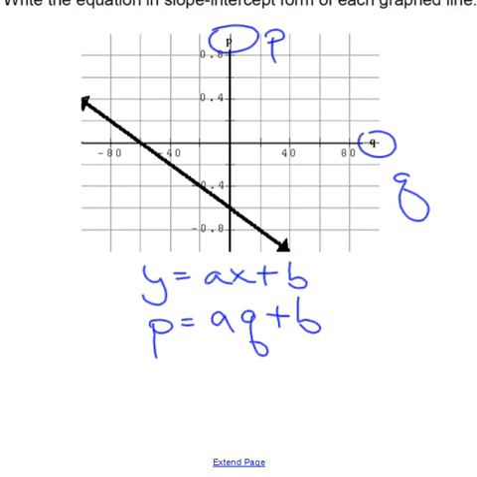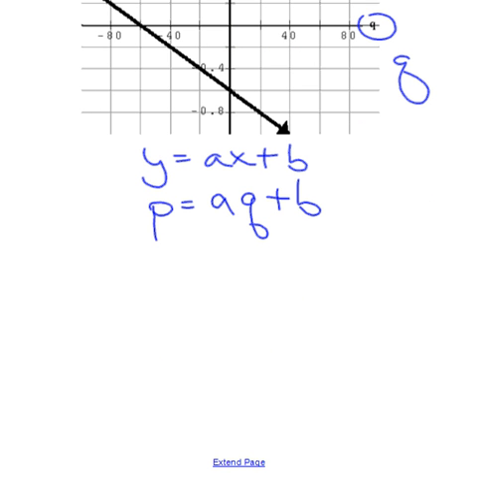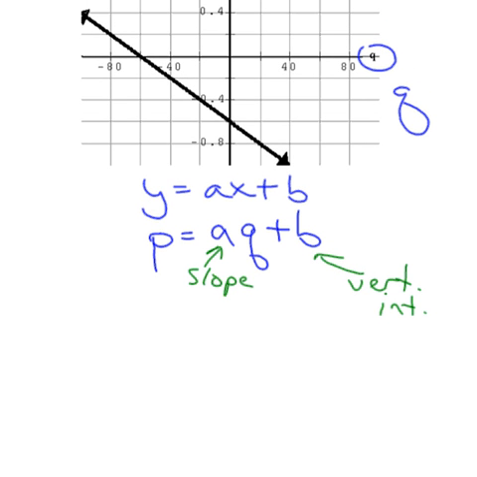Same idea though. This is going to be the slope, and this is going to be the vertical intercept. And we're just going to be able to read those off the graph. So the easiest thing to read is the vertical intercept. So you have to look carefully at the scale.